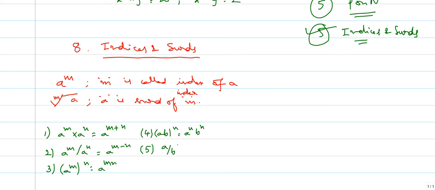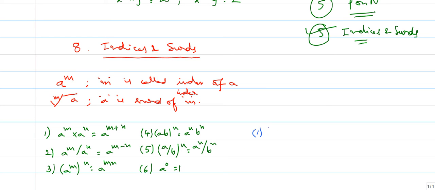A by b whole power n is equal to a power n divided by b power n. Similarly, a power 0 is equal to 1. So these are the laws of indices.